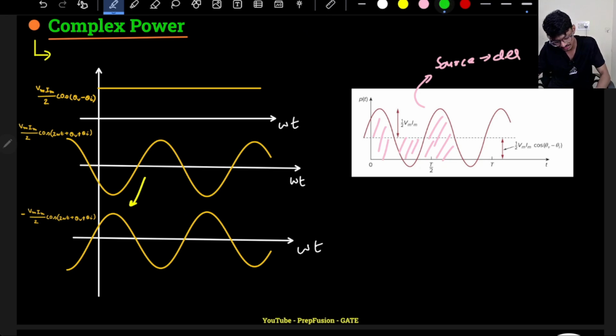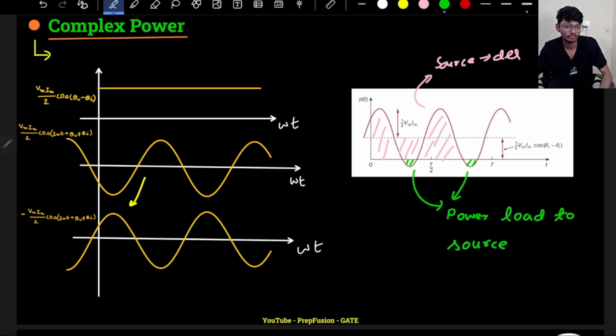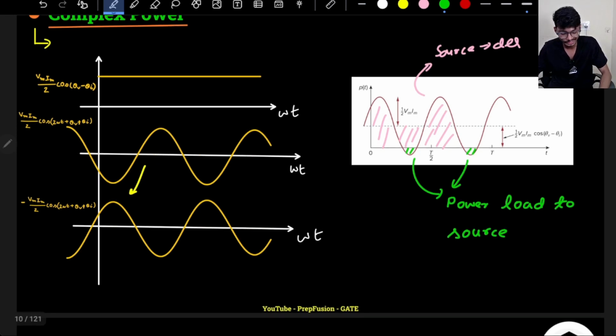Whenever the instantaneous power is negative, power will go from load to source. That's it. So it really depends on the sign of the power.